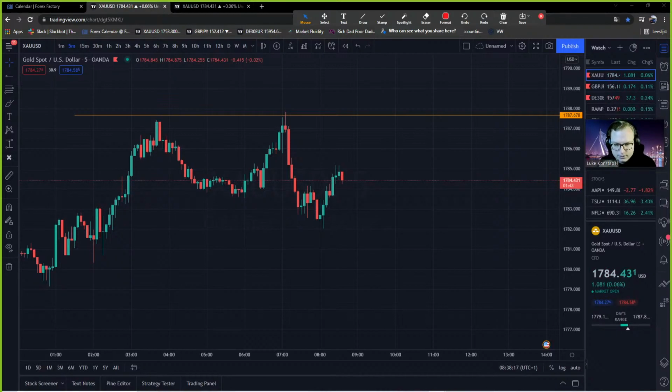I know some people who changed towards more swing type trading. It's very relaxing. Stop losses are a little bit bigger, targets are a lot bigger, and your runners can walk for days.